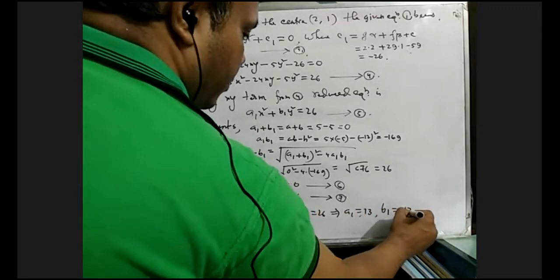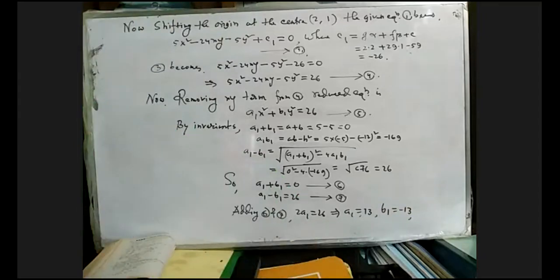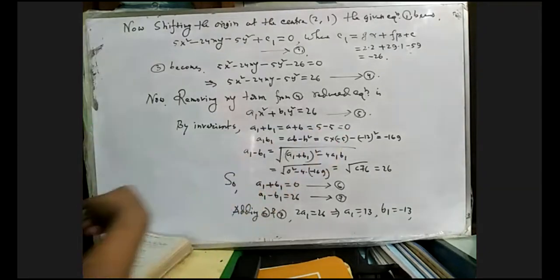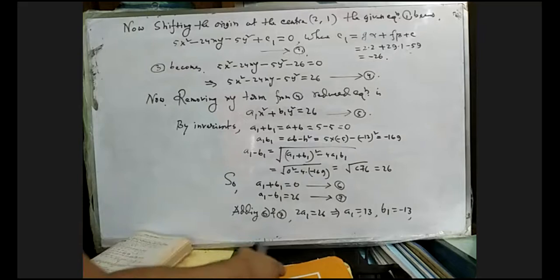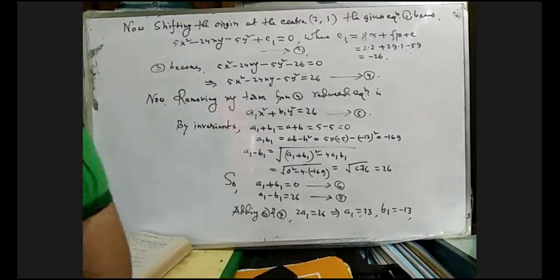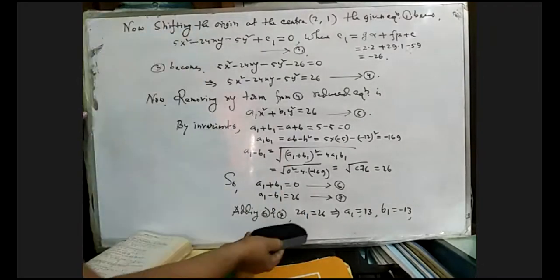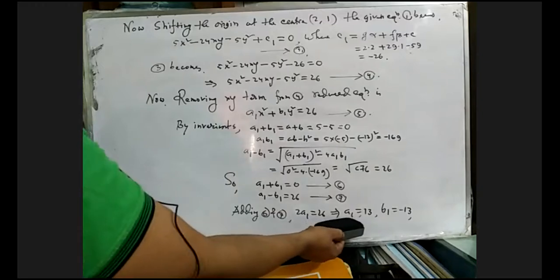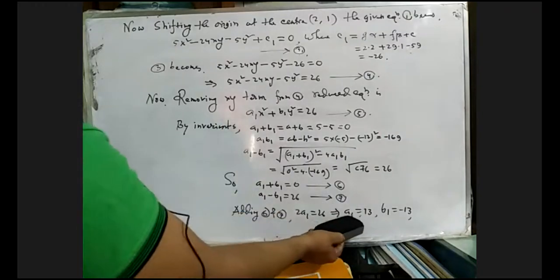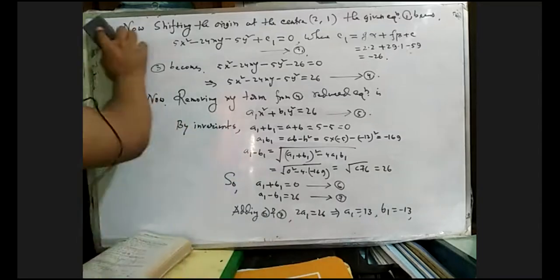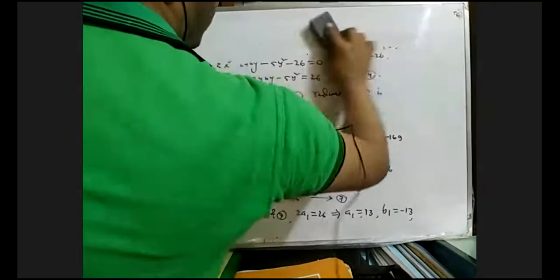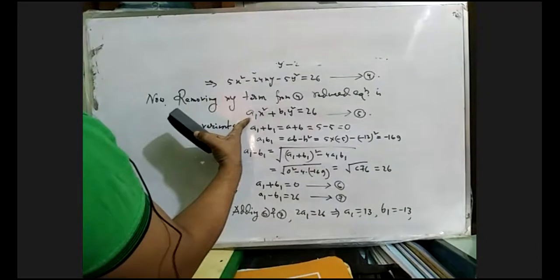Okay, so a1 equals to 13 and b1 equals to minus 13, just putting here in equation 5. So shifting origin and using invariance property, a1 equals to 13 and b1 equals to minus 13. Putting these values in equation 5, this is the required equation.